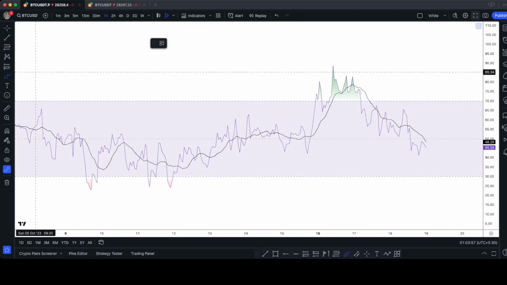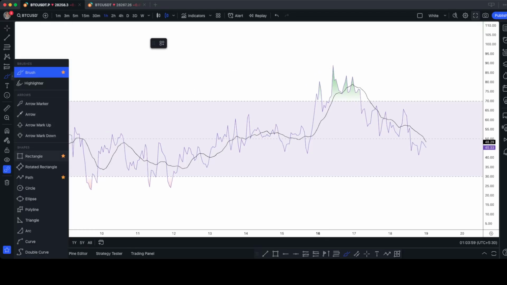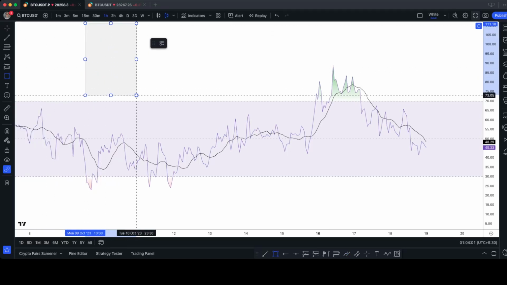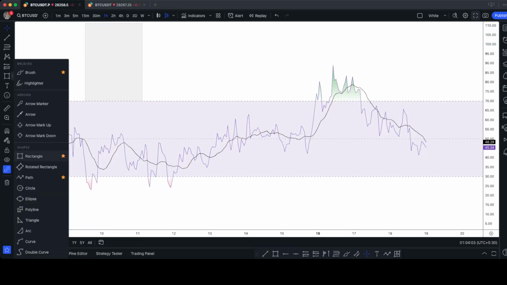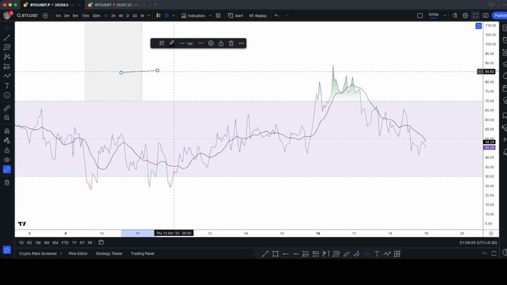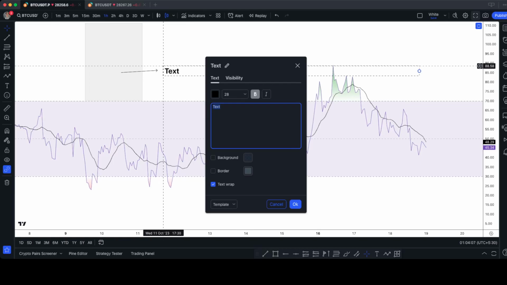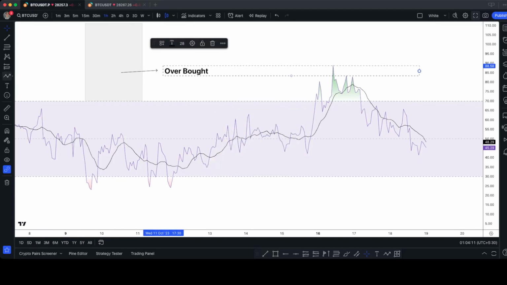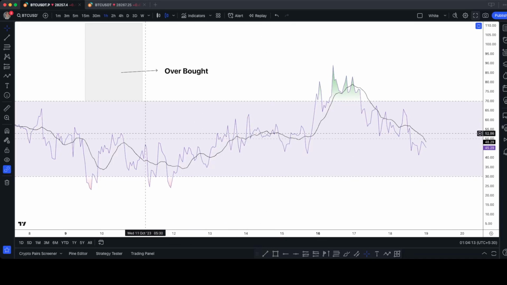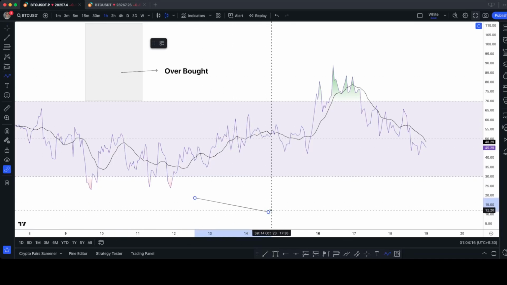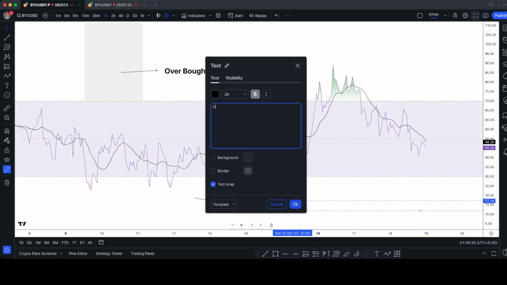So let me write it, it would be easier for you. So these zones are known as overbought zones, and these zones are known as oversold zones.